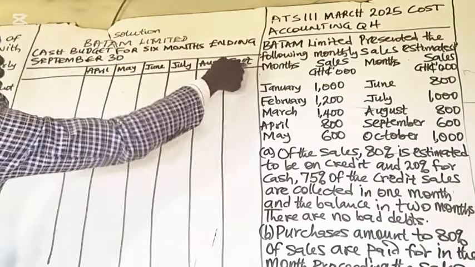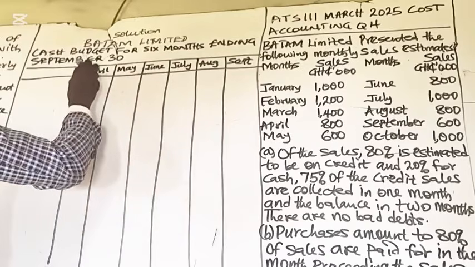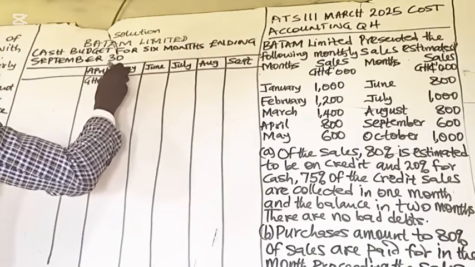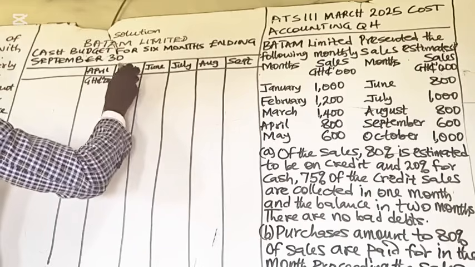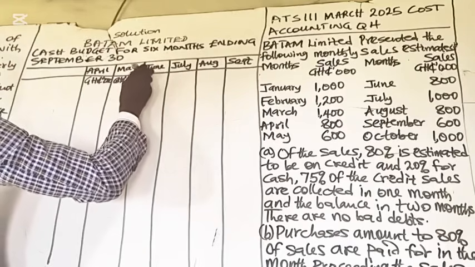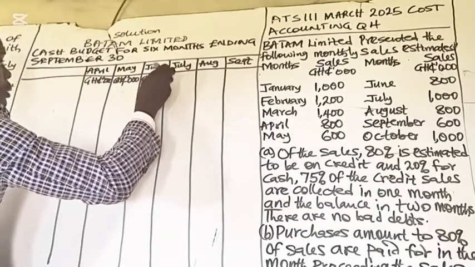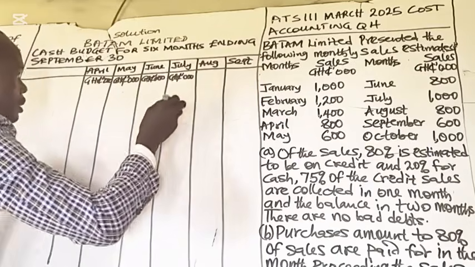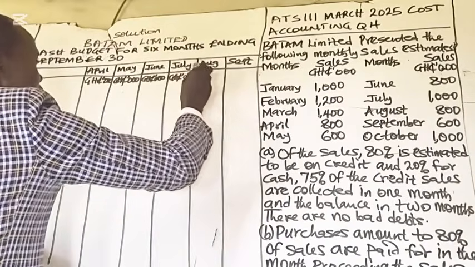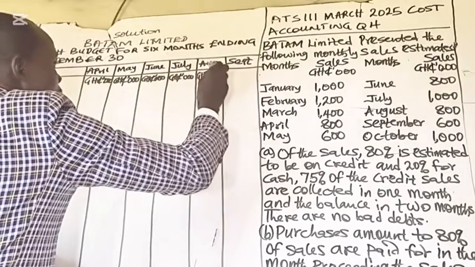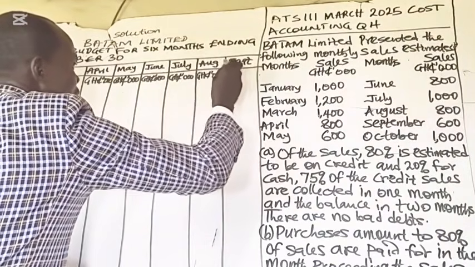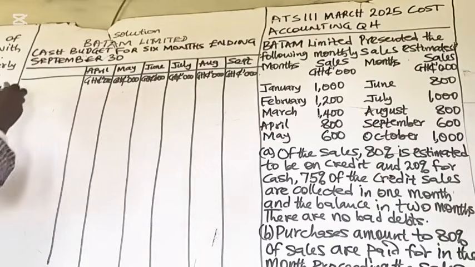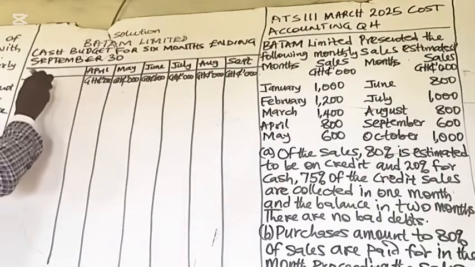One, two, three, four, five, six. The amount is in 1,000 Ghana cedis. So you start with the receipts.